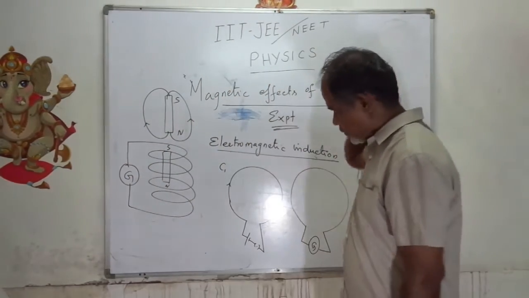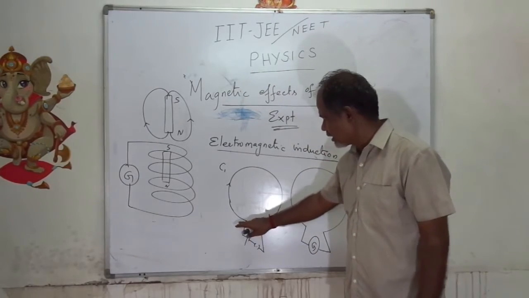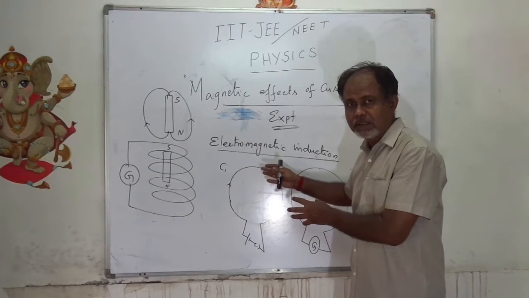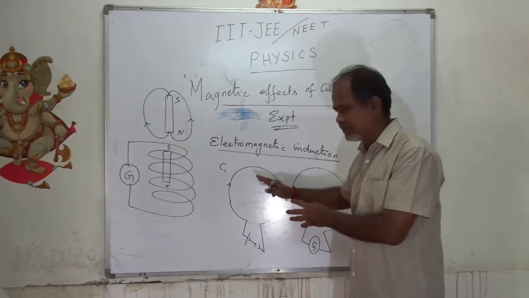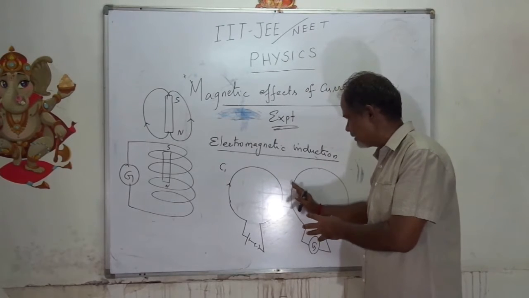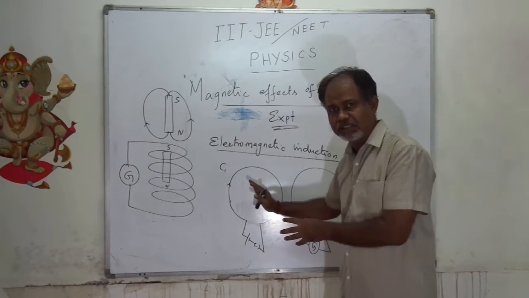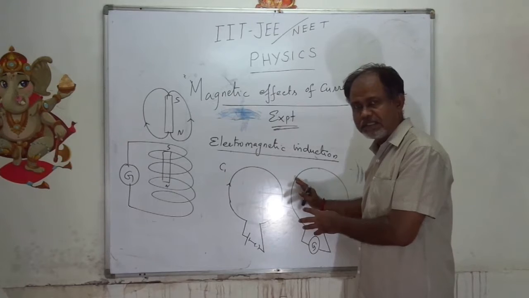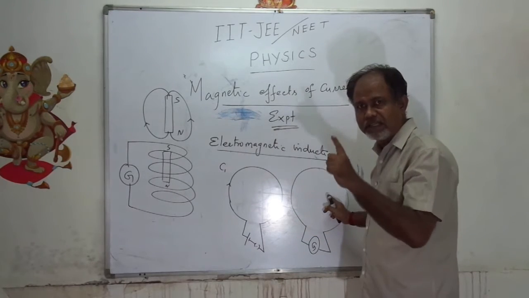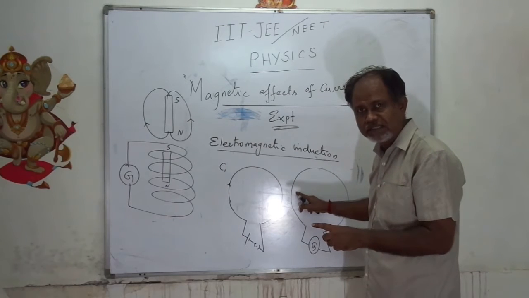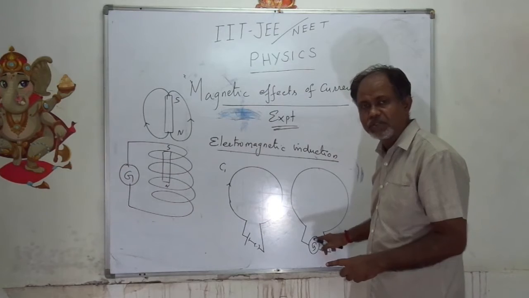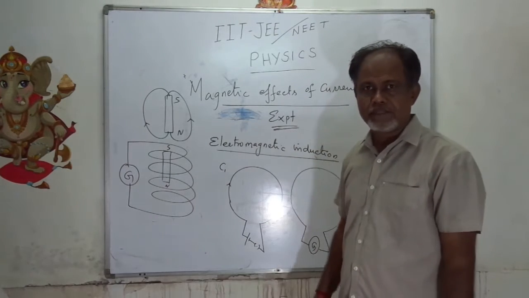Now if you switch on, the current flows and gradually increases, which means the magnetic field around the wire is also increasing. That is, the magnetic flux linked with the other coil changes. According to Faraday, whenever there is a change in magnetic flux, EMF is induced and current flows, then the galvanometer shows some deflection.